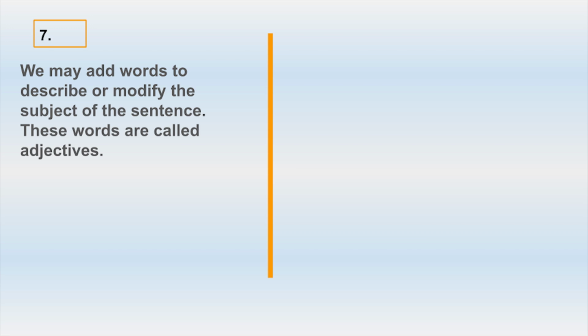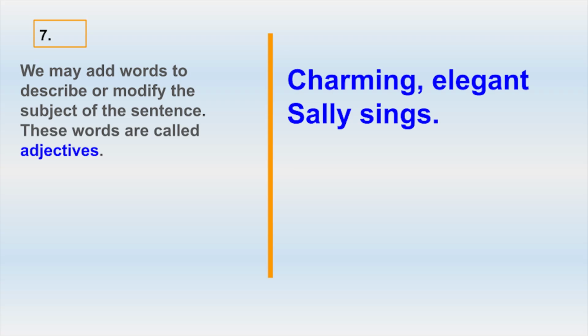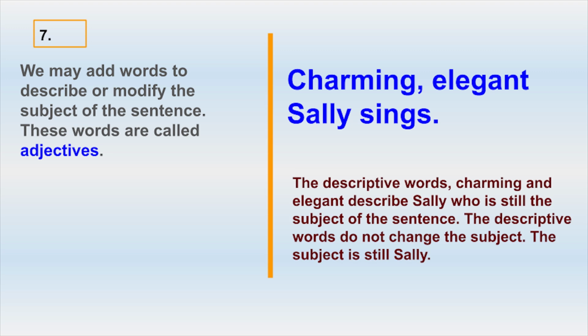These words are called adjectives. Charming, elegant Sally sings. The descriptive words charming and elegant describe Sally, who is still the subject of the sentence. The descriptive words do not change the subject. The subject is still Sally.